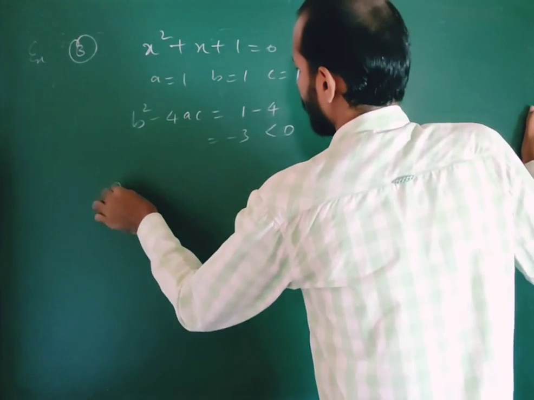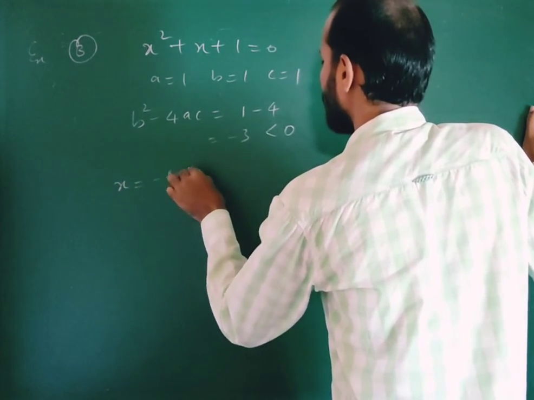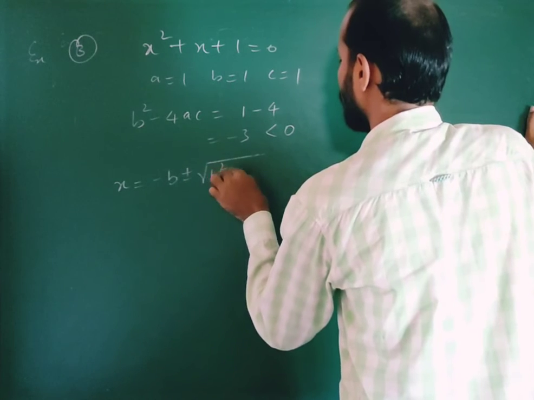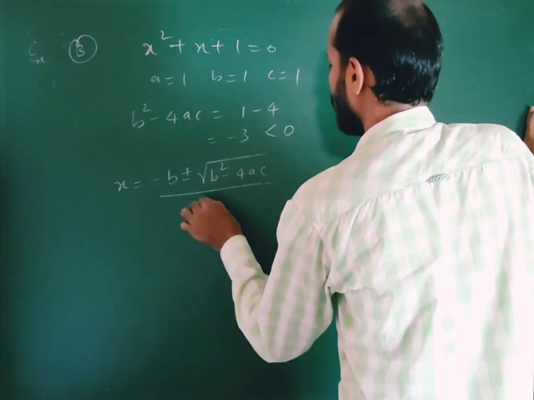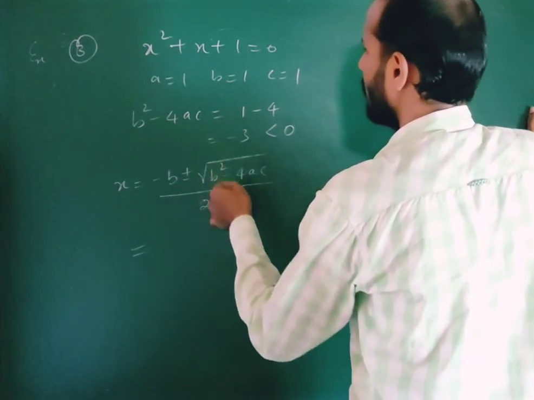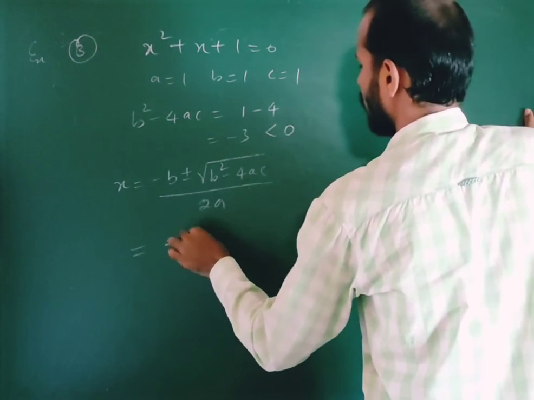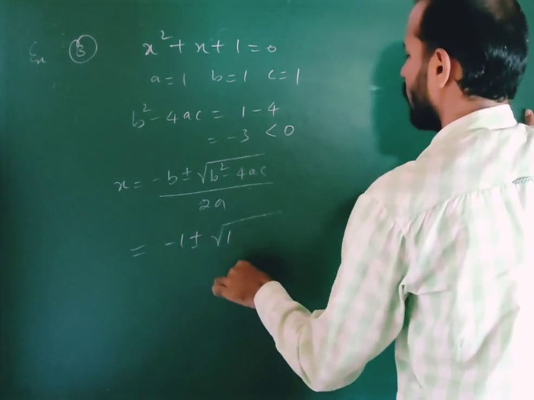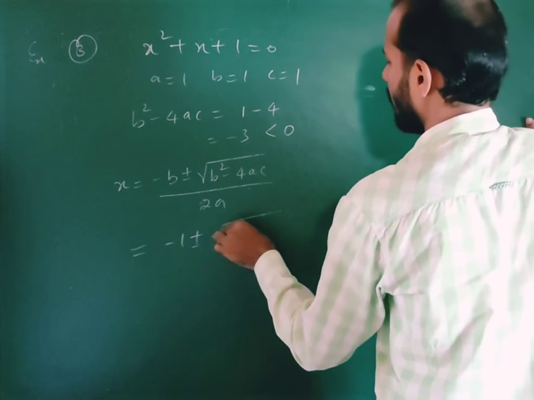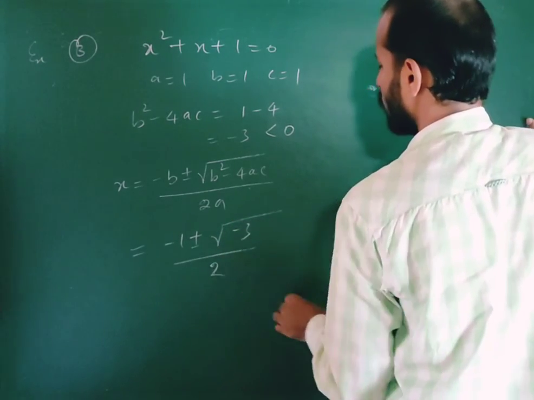Again we get complex number here, that is non-real complex number. Therefore, already we have the formula x equals to minus b plus or minus under root of b square minus 4ac upon 2a. Therefore, minus b means minus 1 plus or minus under root of b square minus 4ac, the value is minus 3, upon 2.